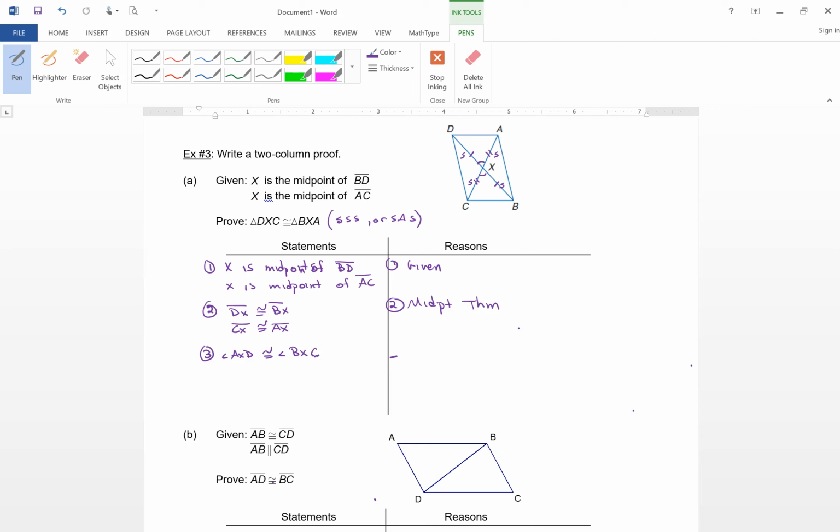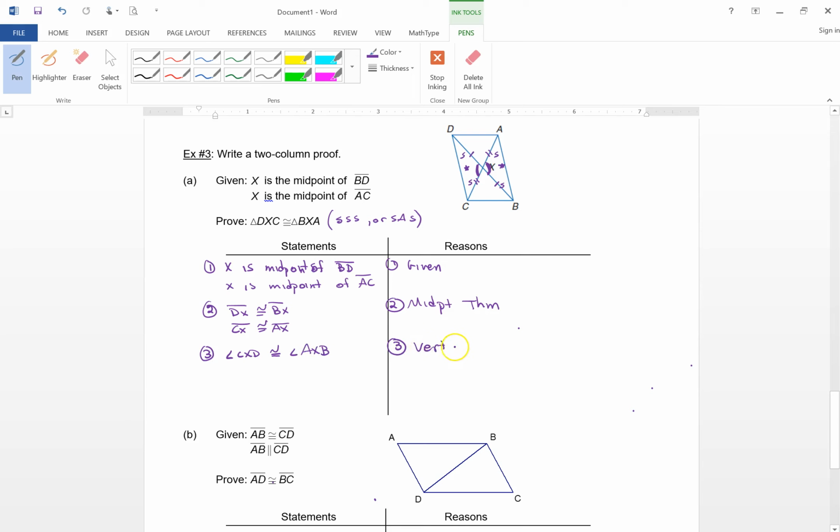Well, actually, I made a mistake here. It's not these two angles that I want. It's these two angles that I want, because I want to make this triangle congruent to that triangle. So it's angle CXD congruent to angle AXB.